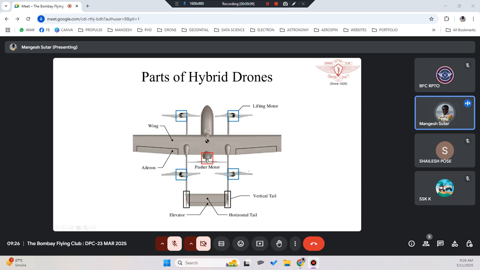If the same motor is in the front, then it is called a puller motor. Most of the time, to stabilize the plane aerodynamically, hybrid drones have the motor at the backside of the fuselage to have the weight balanced properly.